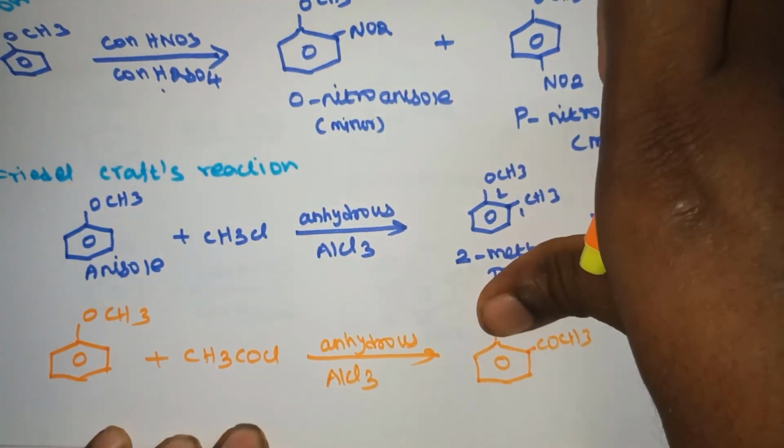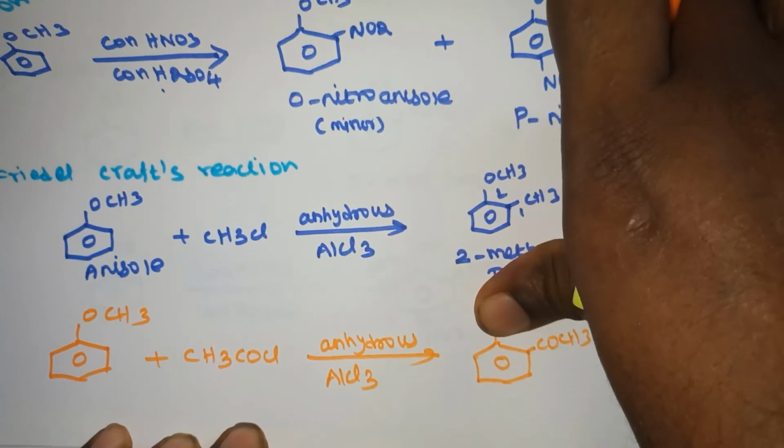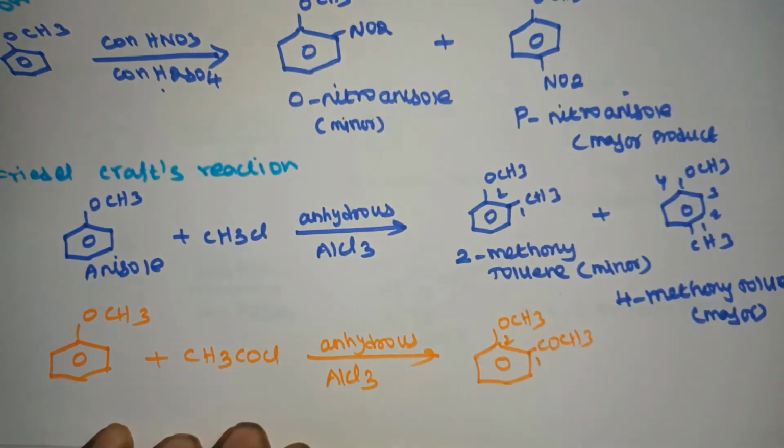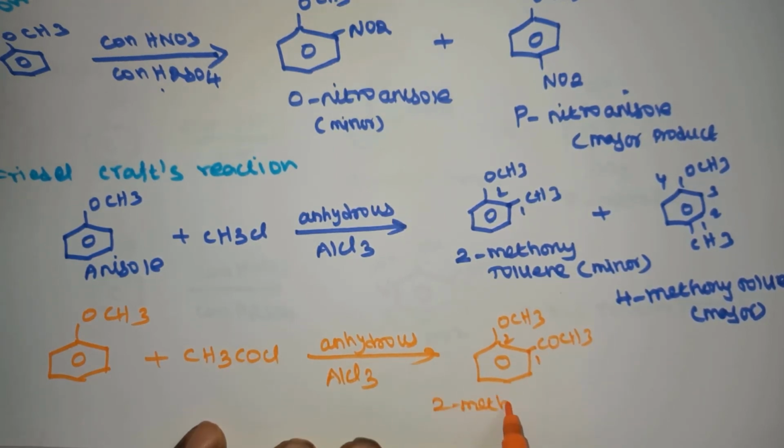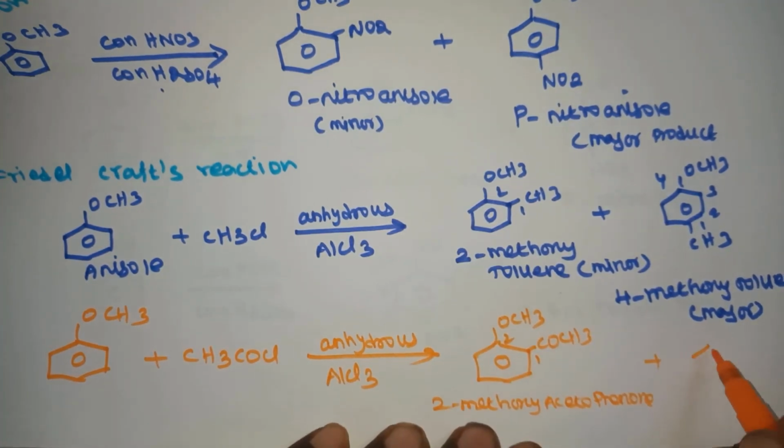This is C6H5COCH3, acetophenone, with a methoxy group at the 1st to 2nd position. So the name of this compound is 2-methoxyacetophenone. Next one is 4-methoxyacetophenone.